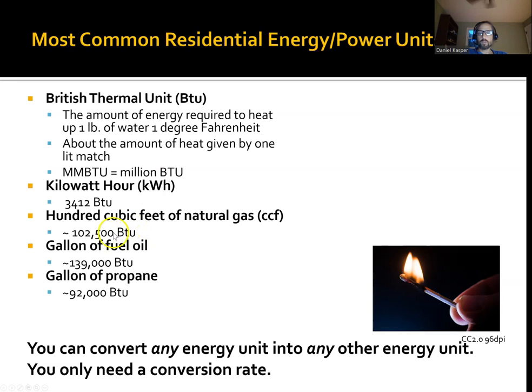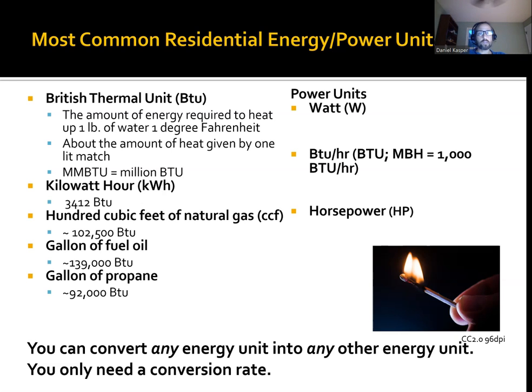It depends on how pure the natural gas is, how pure the fuel oil is. So fuel oil is heating oil, by the way. It's also the same as diesel, and propane. So these can vary a little bit in their BTU content, whereas a kilowatt hour is exactly 3,412. Okay, so those are our basic energy units we'll encounter.